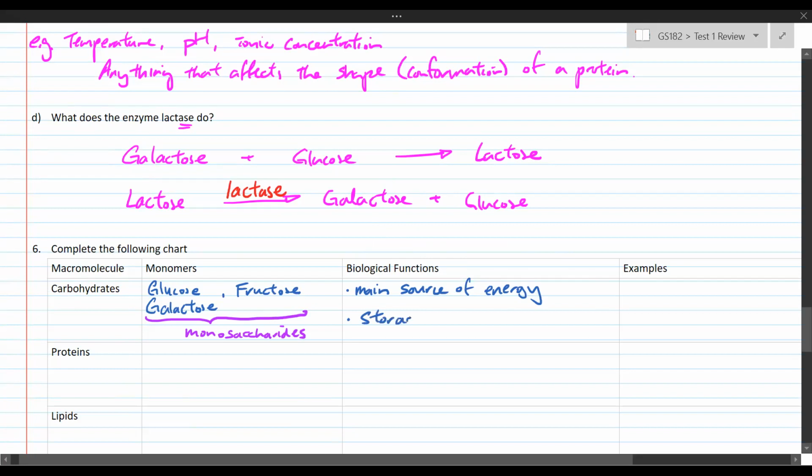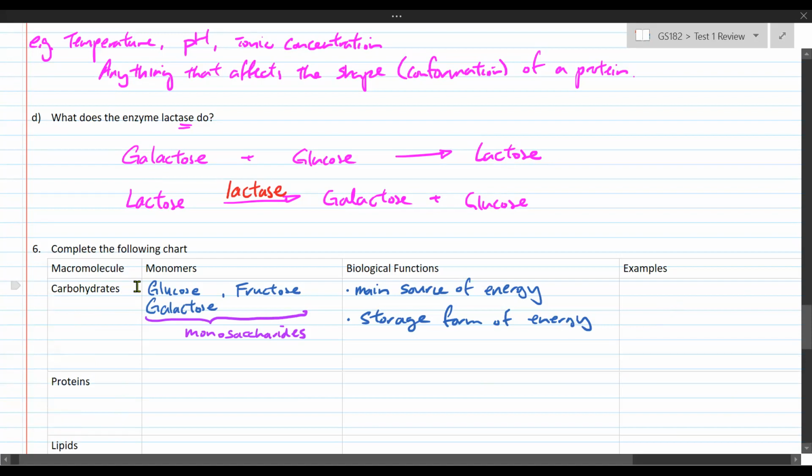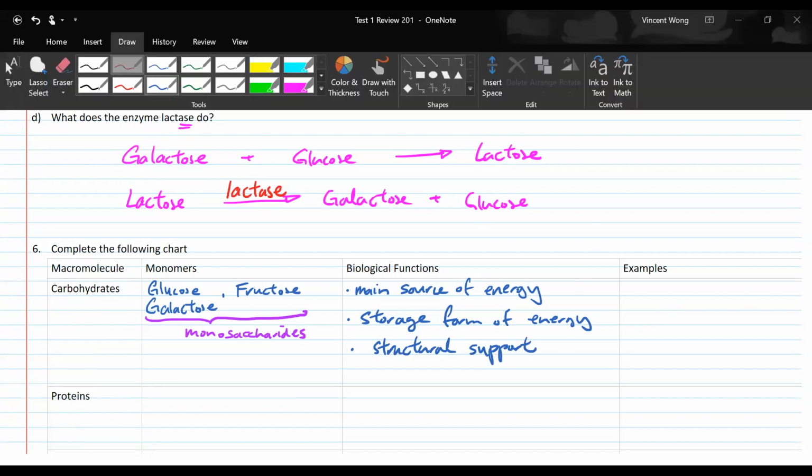Storage form of energy. And also, there is structural support. Let me see if I can make this chart table. Oh, there we go. Structural support. Okay, so examples.